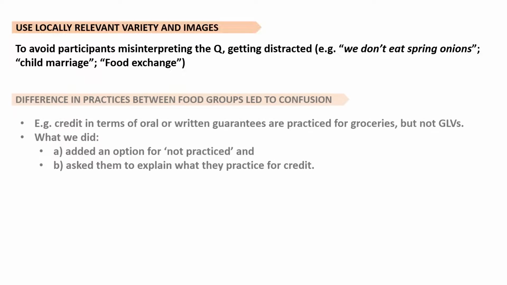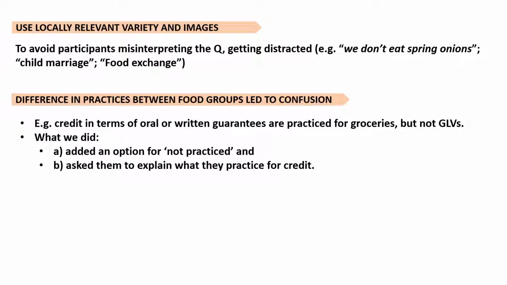Then the other issue that we felt was the difference in practices between food groups. For example, there was a question where we asked, is there a possibility to get GLVs on credit? This practice, though it was followed in the region, was not for leafy vegetables, it was for groceries. So they didn't understand that terminology to be used for GLVs.